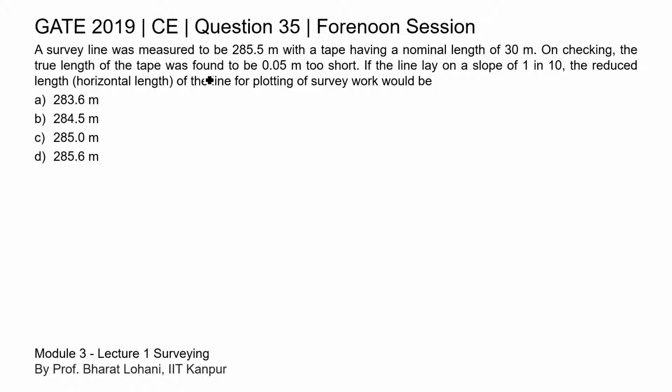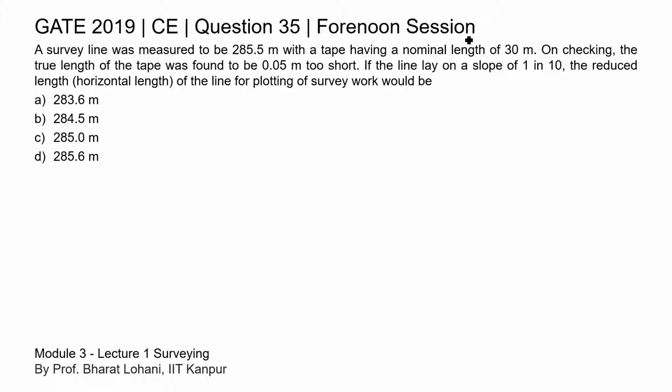Now, this question is from the topic of error in horizontal measurement. You may watch module 3 lecture 1 surveying by Professor Bharat Lohani, IIT Kanpur to know more about different systematic errors and corrections. Here in this question, a survey line was measured to be 285.5 meter with a tape having nominal length of 30 meter.